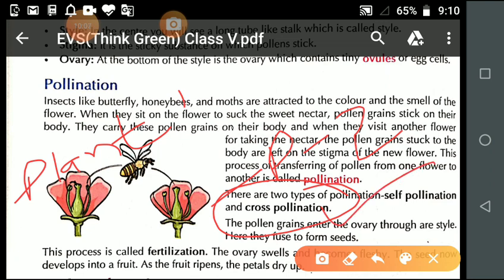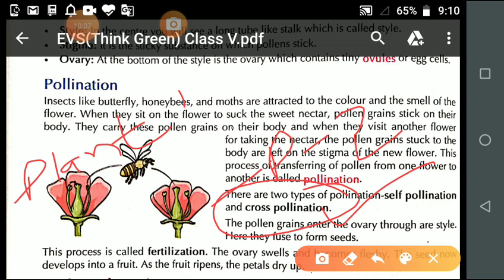The transfer of pollen from an anther of a flower of one plant to a stigma of a flower of another plant of the same species is called cross pollination.